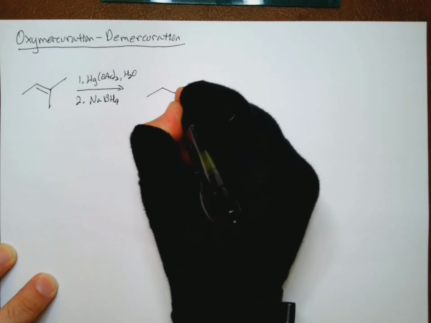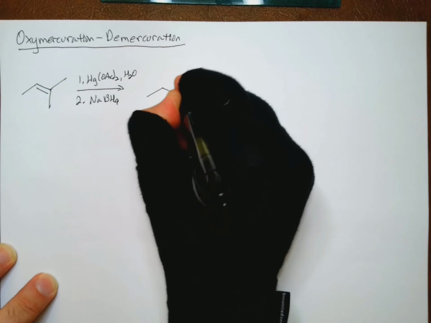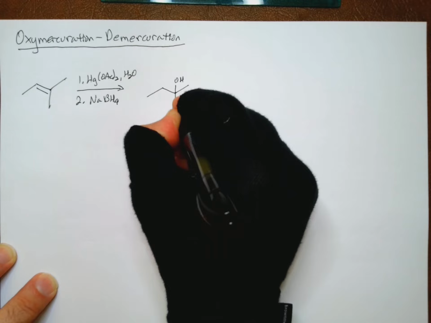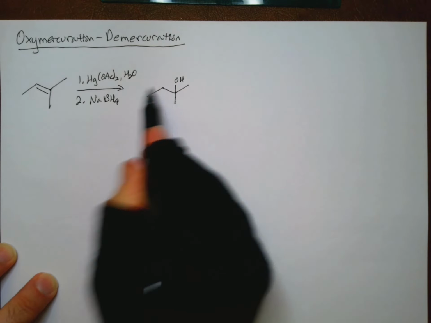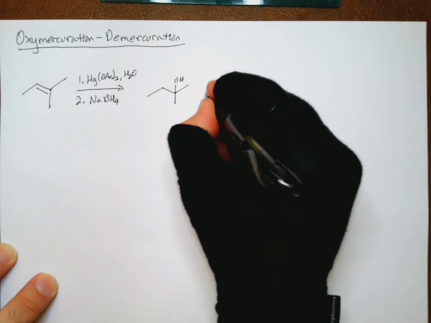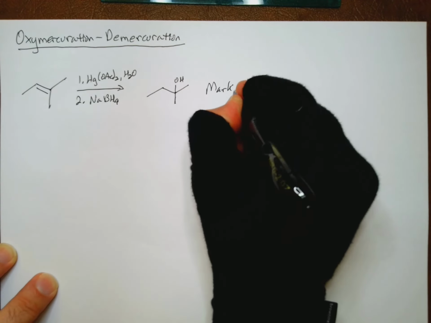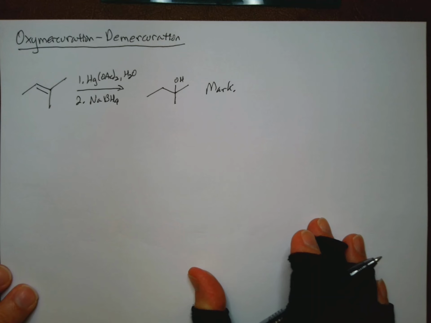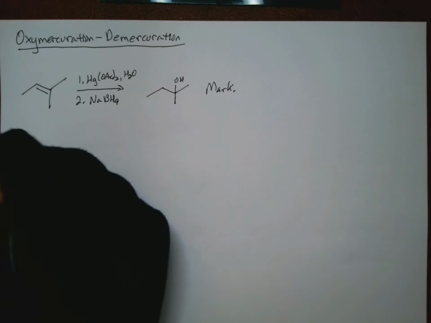And what we get is a hydration. We add a hydrogen to one end of the double bond and the OH to the other end of the double bond. And this is Markovnikov addition. Interestingly, it's also an anti-addition.